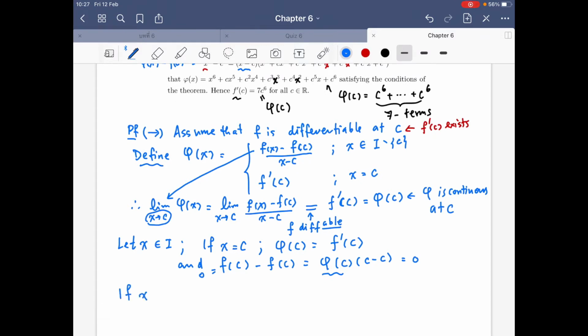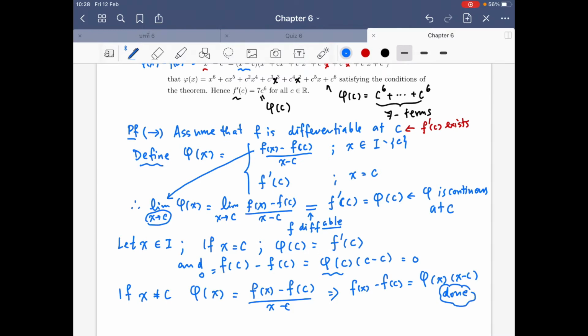However, if your x is not c, your phi x is already defined by this quotient. So you can simply cross multiply to have f x minus f c equals phi x times x minus c, okay. So it is done for the first assertion.